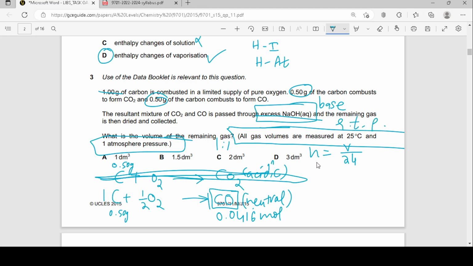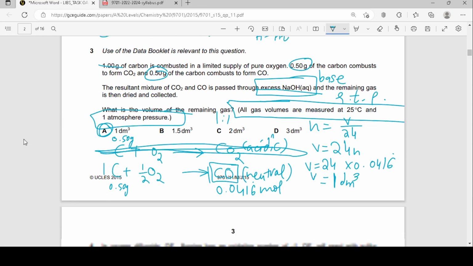So V equals 24n, so V equals 24 multiplied by 0.0416 recurring. You can just use your calculator value, answer multiplied by 24, and I get 1 decimeter cube. That's what I got on my calculator, and that means the answer is basically A. Okay, so next question now.